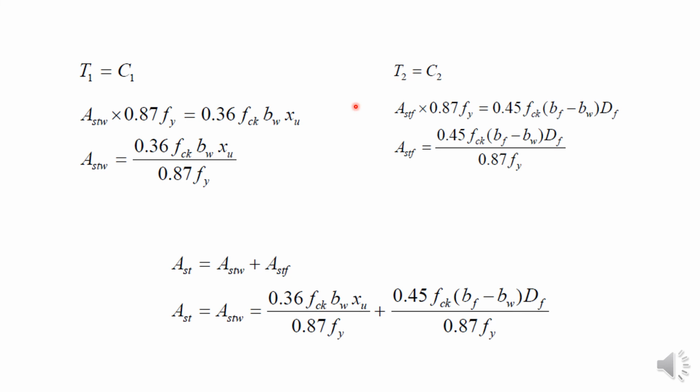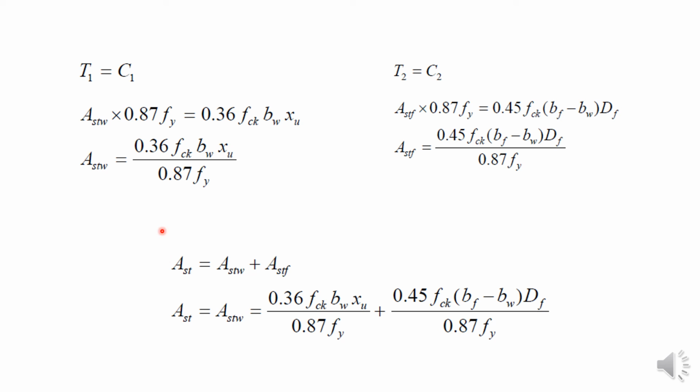Then equate the forces, T2 is equal to C2. So area of steel in flange into 0.87 Fy will be equal to 0.45 FCK into BF minus BW into DF. That area of flange steel, ASTF, is equal to 0.45 FCK into BF minus BW into DF divided by 0.87 Fy.